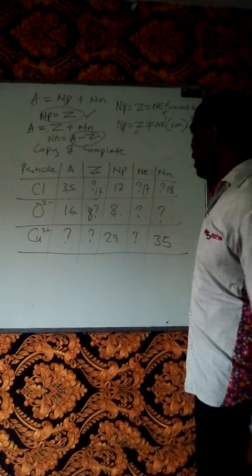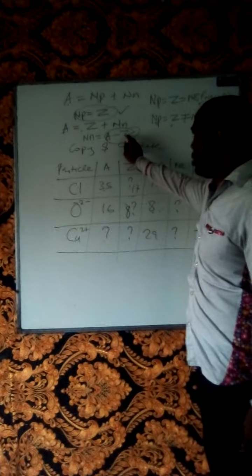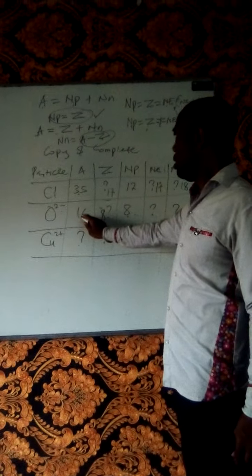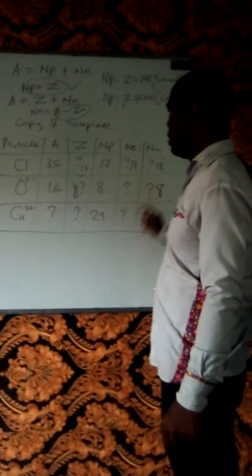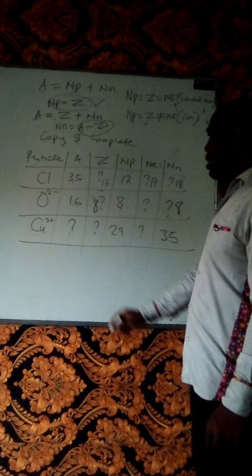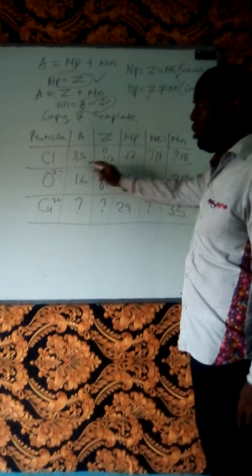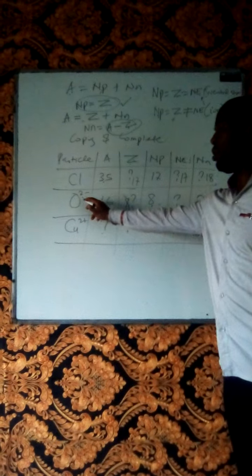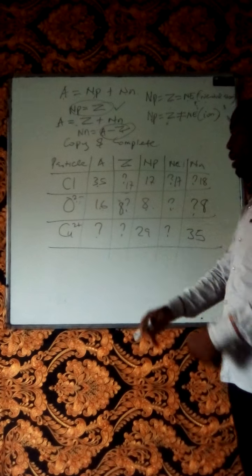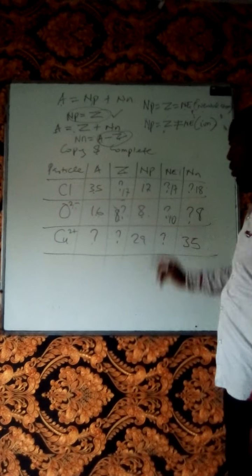Then the number of neutrons is A minus Z, which is 16 minus 8, that will also give you 8. Now for this one, the electron cannot be 8 again because the atom has a charge. Since the atom is charged, negative charge means excess electrons. We add the 2 to the atomic number, 8 plus 2, that will give us 10.